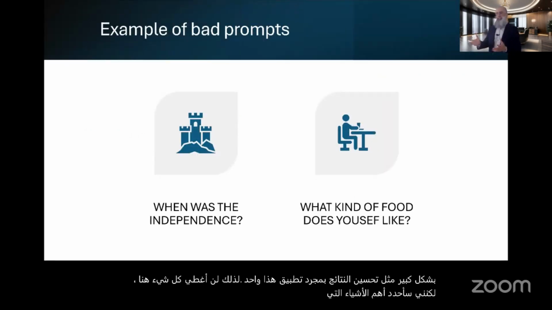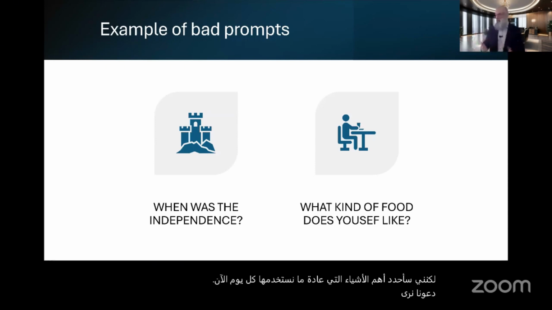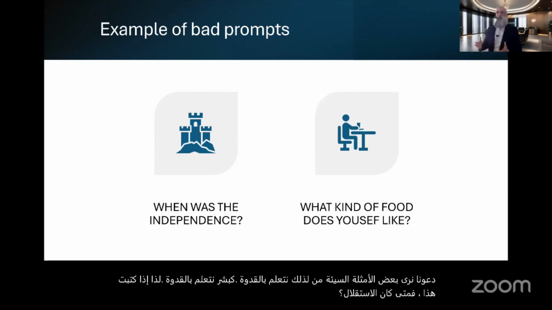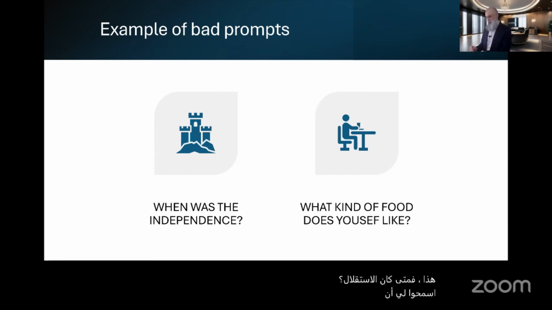Now, let's see some bad example prompts. We learn by example as humans. If I write this, "When was the independence?", let me open Copilot, and you can do the same.